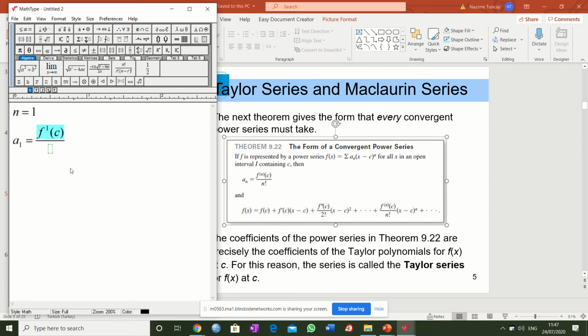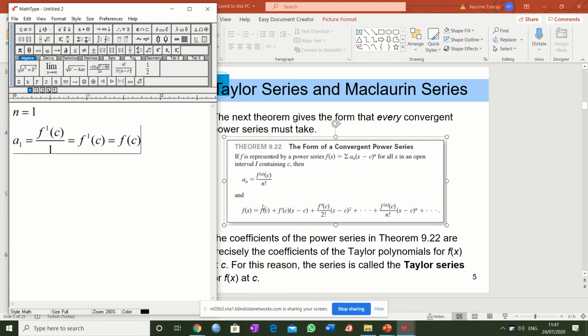N is 1, and 1 factorial is 1. So we have f to the power 1 of c, the function f in terms of c.